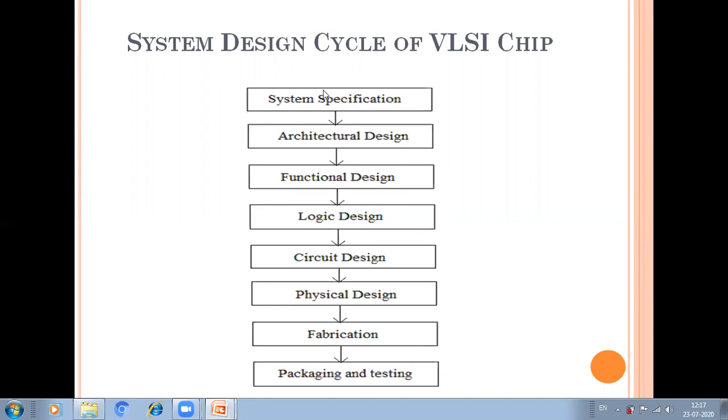In the logic design, here we can refer to the RTL, with the hardware description language. Which are the hardware description languages?